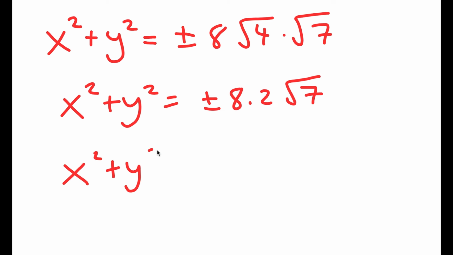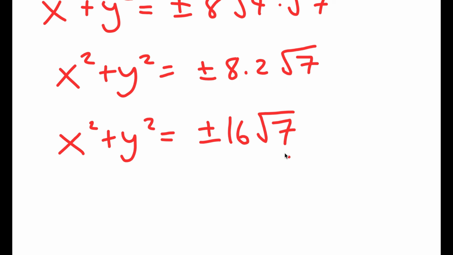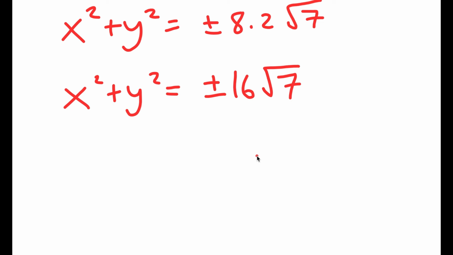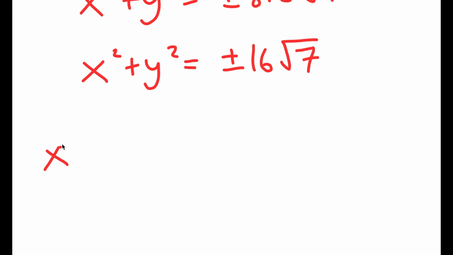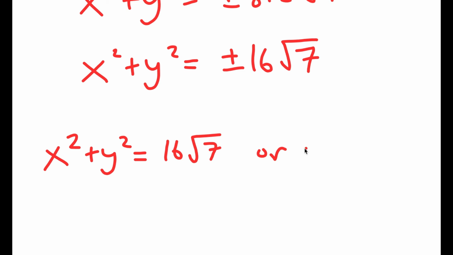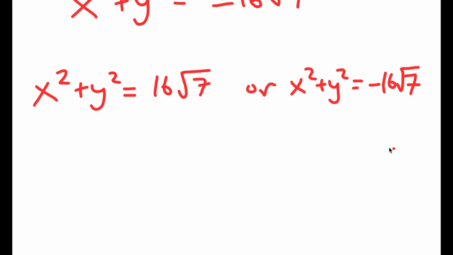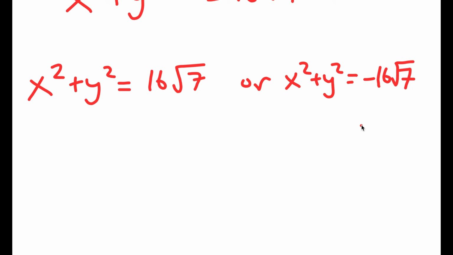And this turns into positive negative 16 times the square root of 17. So this means that x squared plus y squared is equal to positive 16 root 17, or it's equal to negative 16 root 17.